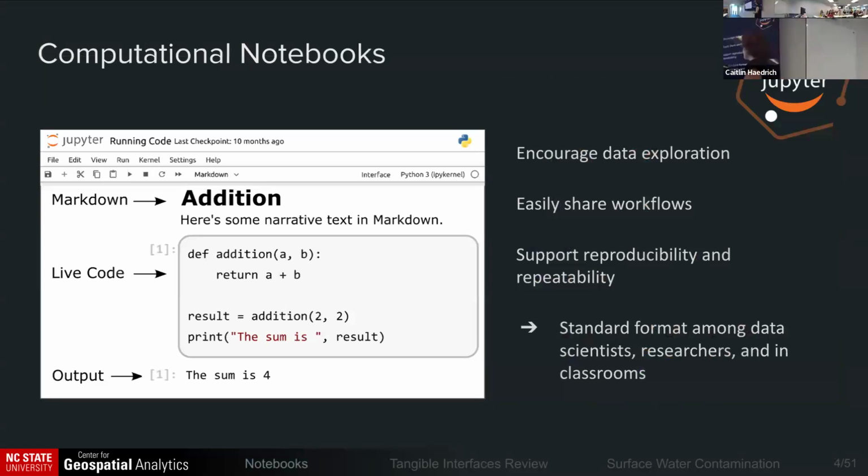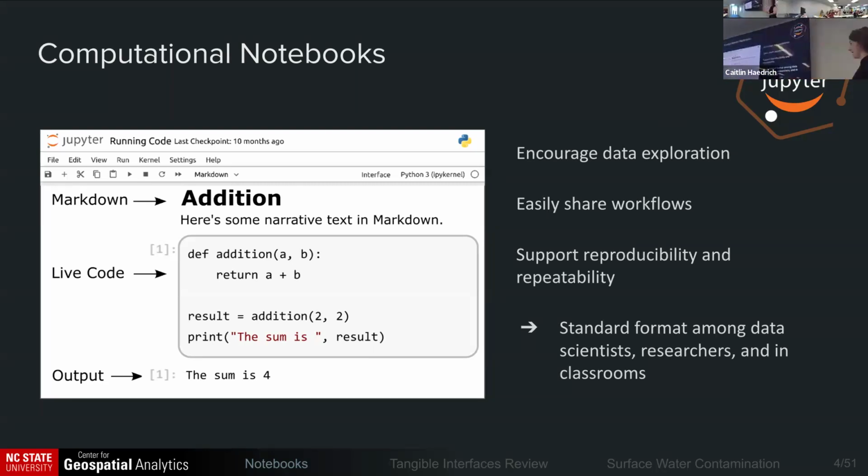So many of us might be familiar with them, but they've been around for several decades now. Computational notebooks mix narrative markdown text with live code and then the output of that code, all in one document, which makes them really great for exploring your data and sharing your workflow with others, whether that's the results of an assignment or you want to post it on a website.